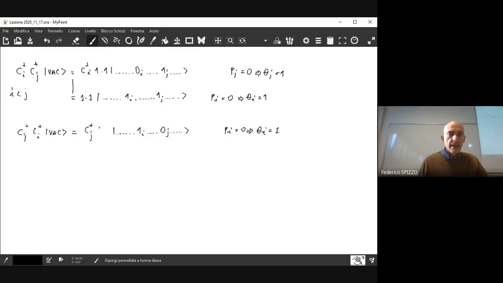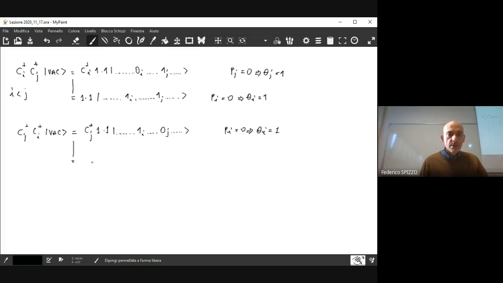So in this case, I have 1 for theta I, and 1 for the coefficient due to the initial occupancy. The initial occupancy was 0, so 1 minus 0 gives me 1, just 1.